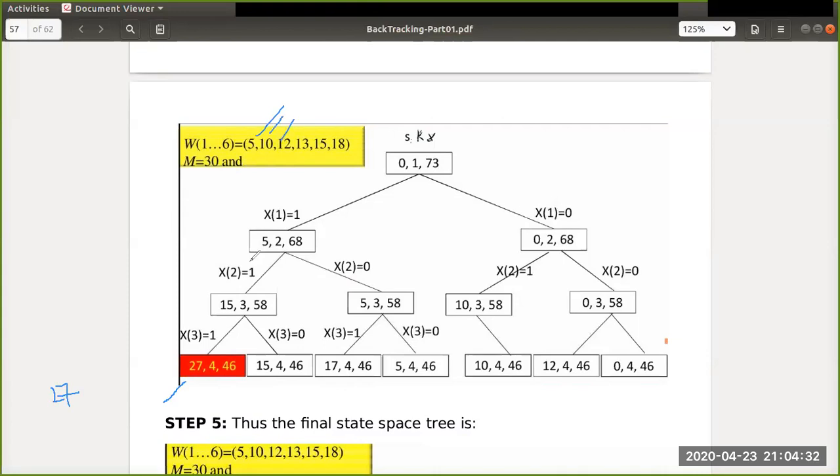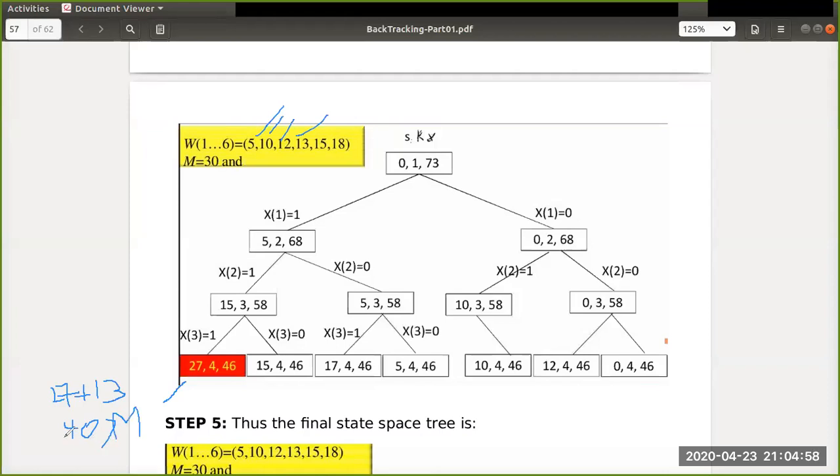Including the fourth item's weight will become 40, which is greater than m.